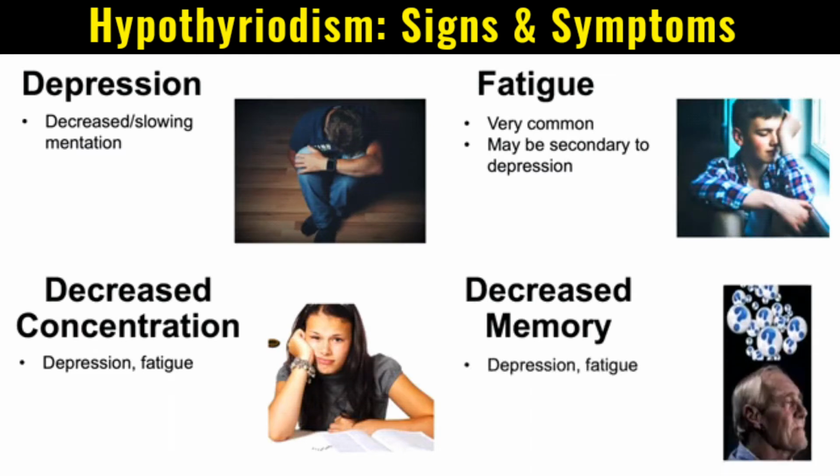And again, this can be secondary to depression and fatigue, and due to decreased cognition or decreased mentation. So again, due to low thyroid hormone levels, we can see decreased mentation, one of the three M's we talked about before, leading to depression, fatigue, decreased concentration, and decreased memory.